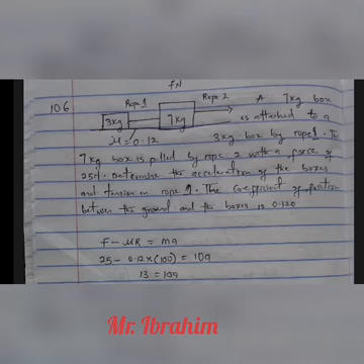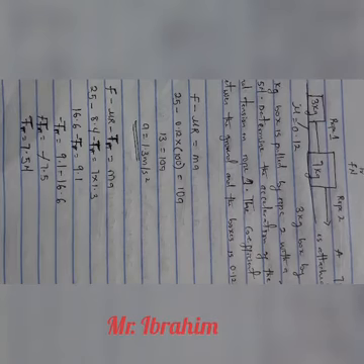So if they are moving towards the right, the force you apply is positive. Now, as we all know, the frictional force will oppose the direction of the motion. So that will be negative.